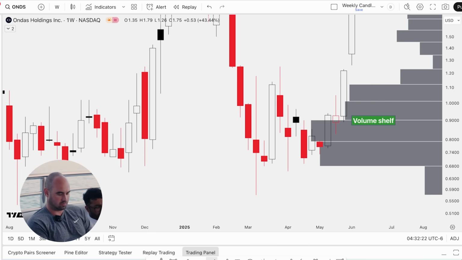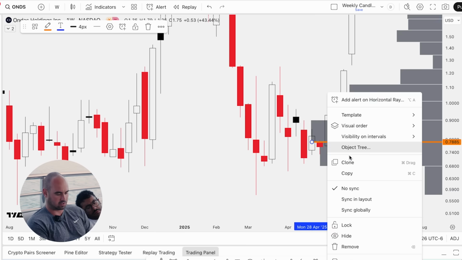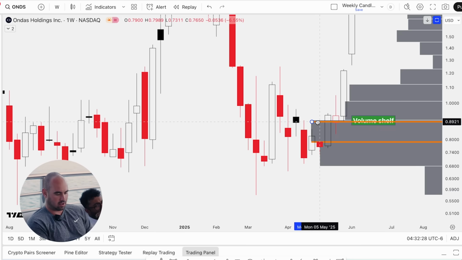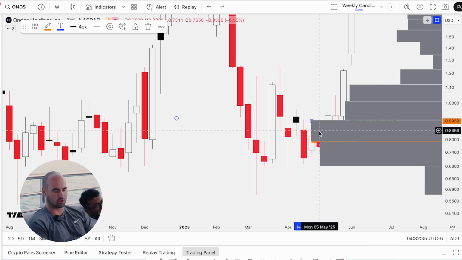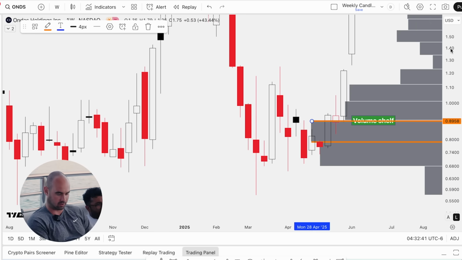Just based on where this volume bar is, from 78 cents to around 90, that's where the biggest volume node was. That's where that price range had the most volume aggregating.